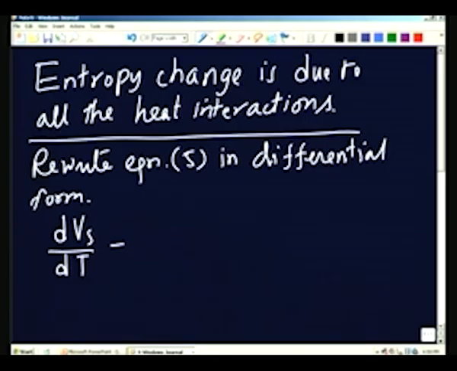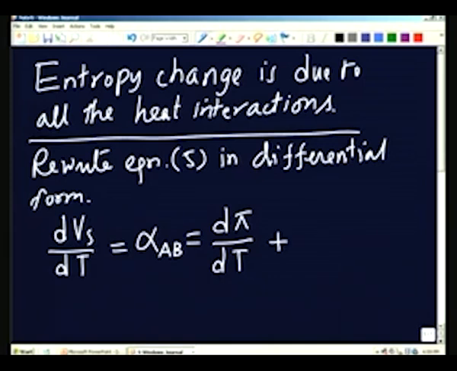I have to take the derivative of that expression with respect to temperature, which we have defined as alpha. If you want, you can explicitly say alpha AB. This is given by d pi by dt plus integral.